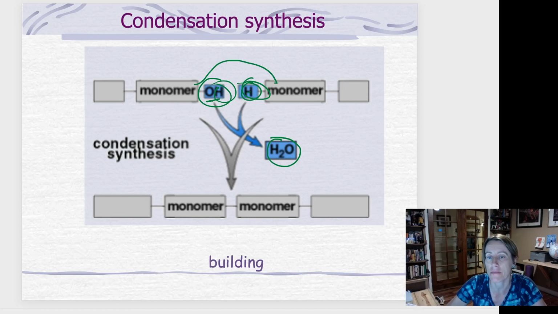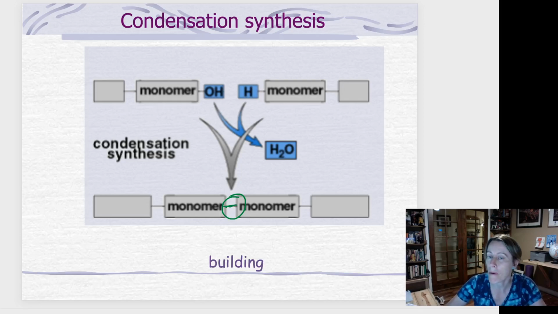So we get rid of this piece and this piece by putting them together and making water. And then we can hook the monomer on the left directly to the monomer on the right. And that is kind of what you see down here. Sort of a long loopy line like I drew. There's a straight line, just a covalent bond hooking these two monomers together.